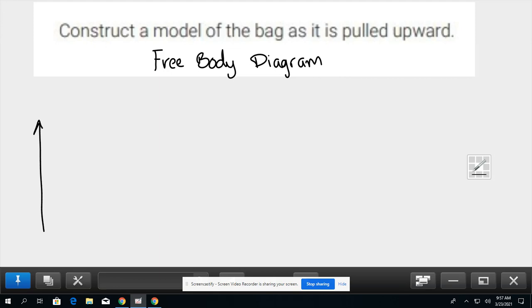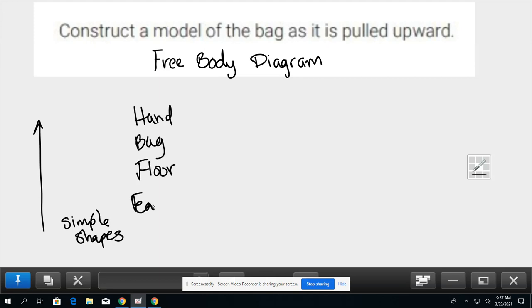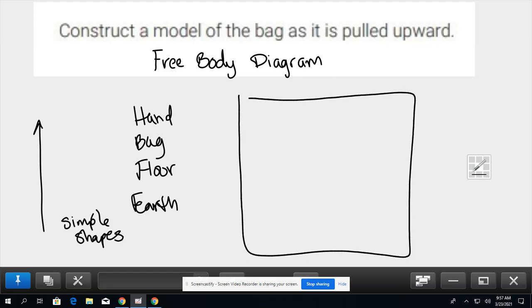You're going to use simple shapes to represent the different components. Those components are the hand, the bag, the floor, and Earth. So you're using simple shapes to represent the 4 different components. You'll draw your free body diagram over here.